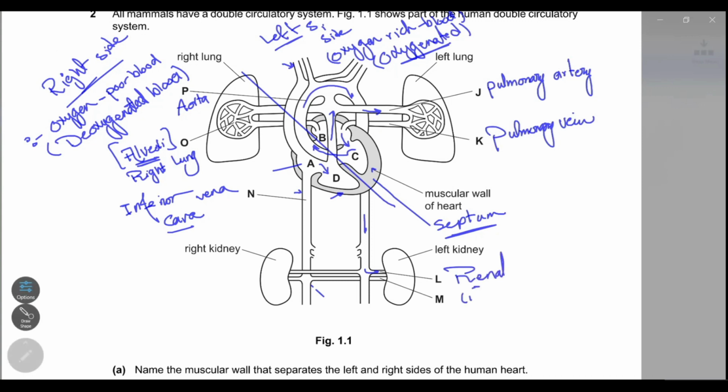Renal means kidney. Artery. Because it takes the oxygenated blood from the aorta to the kidney. And the deoxygenated blood that comes from the kidney will be taken via the inferior vena cava and move up to the right atrium. Surely it is the renal vein as well.